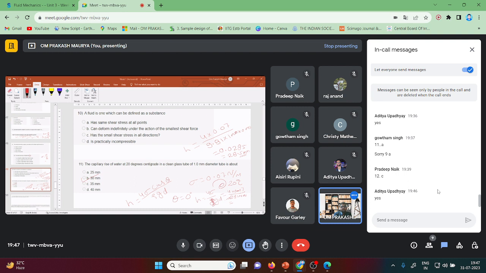So every parameter you need to put in the same units, meters. That's why I have put it in meters: g is 9.81 meter per second squared, 0.07 Newton per meter, and density is 1000 kg per meter cube.